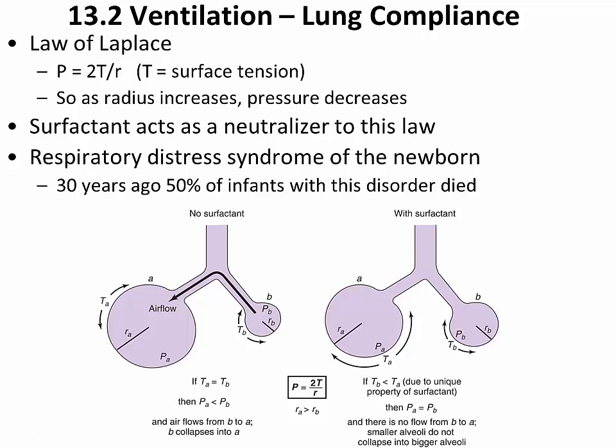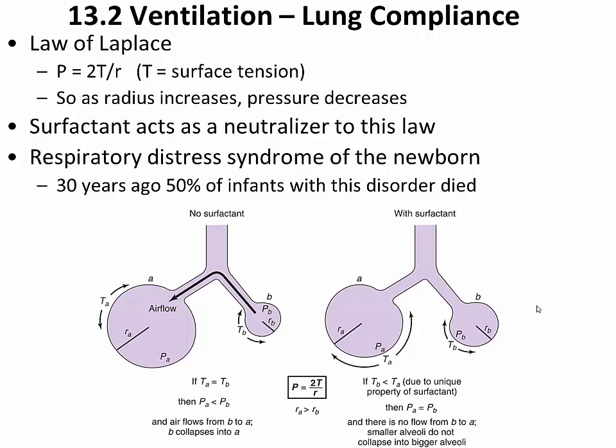You could imagine those surfactant molecules becoming packed more and more closely together as the water molecules and the surfactant molecules on the surface of the alveolus became bunched up more tightly as the overall size of the alveolus decreased. And so you could imagine that those surfactant molecules would have a greater role in decreasing the hydrogen bonds found between the water molecules. And that's exactly what surfactant does.